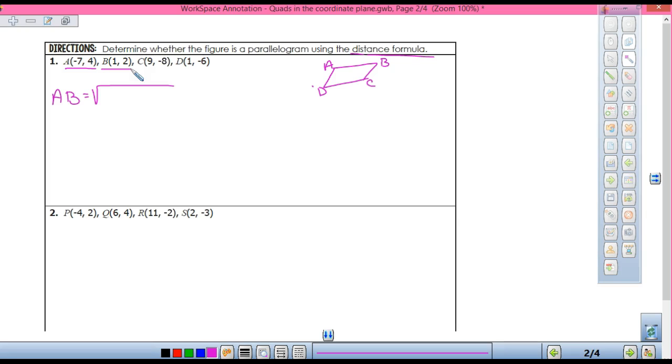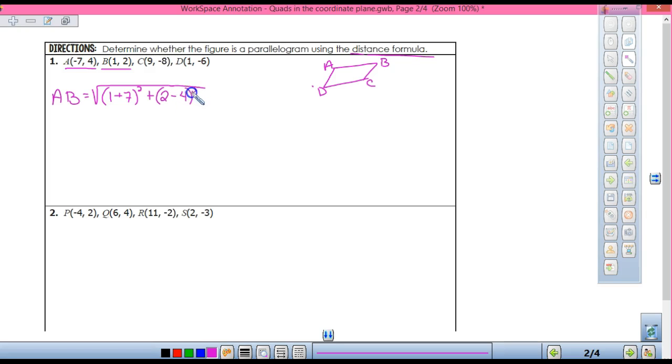We're catching on this morning. X2 is 1 minus -7, which turns into a +7, squared, plus y2, 2 minus y1, 4, squared.